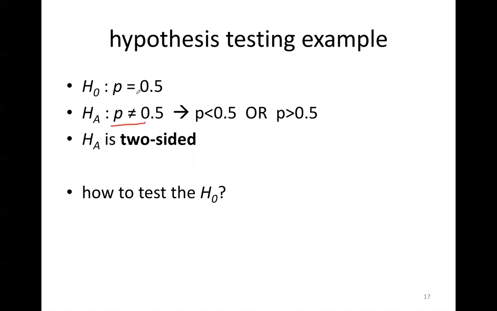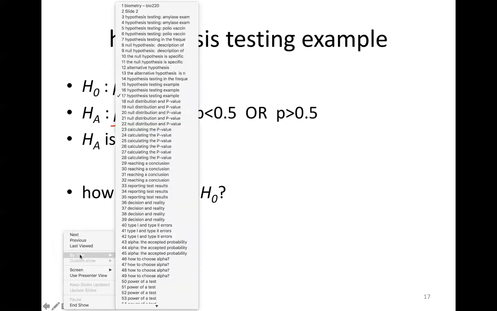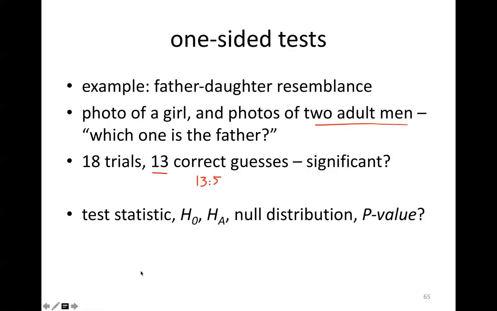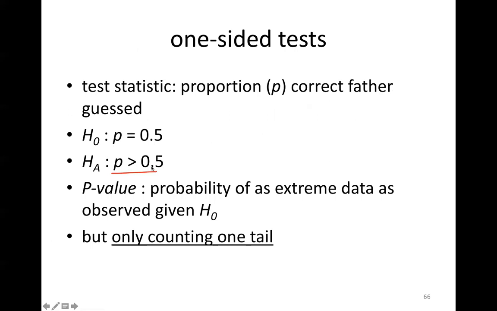Here, the null hypothesis was the same. And the alternative hypothesis was described as p not equal to 0.05. But here we have, okay, larger than 0.5, not 0.05, 0.5.